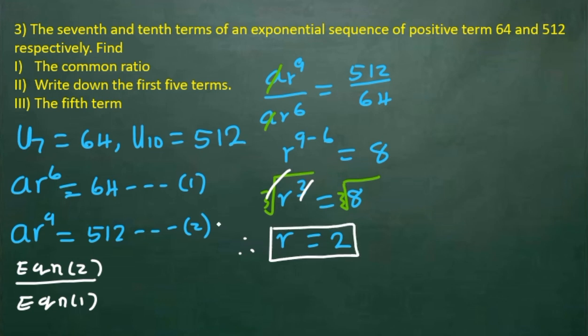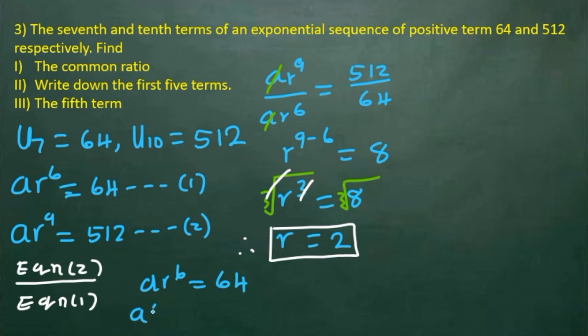All right, now the next question says we should write down the first 5 terms. Before we write down the first 5 terms, let's find the first term a. We can find a from equation 1: a r to the exponent of 6 equals 64. And what is a?